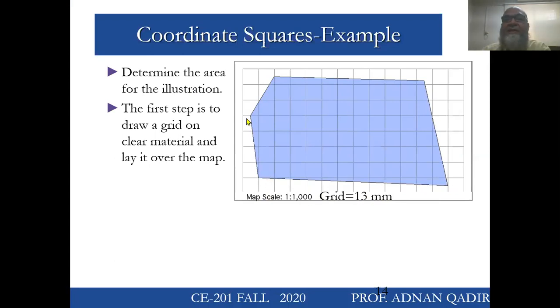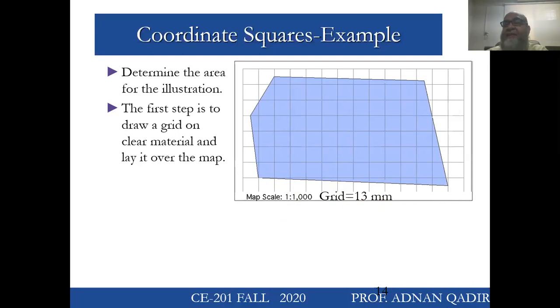So I have 13 millimeter squares, and once divided into equal squares, then it's very easy. You will use this square scale. So the area of one square will be 13 multiplied by 13, because this is 13, this is 13. So this will be the area on paper.